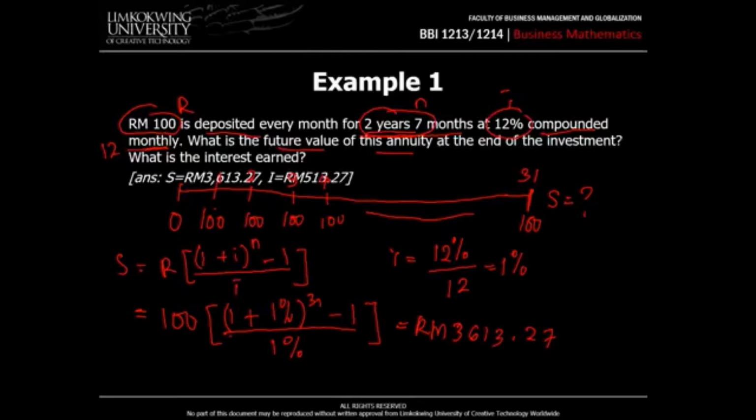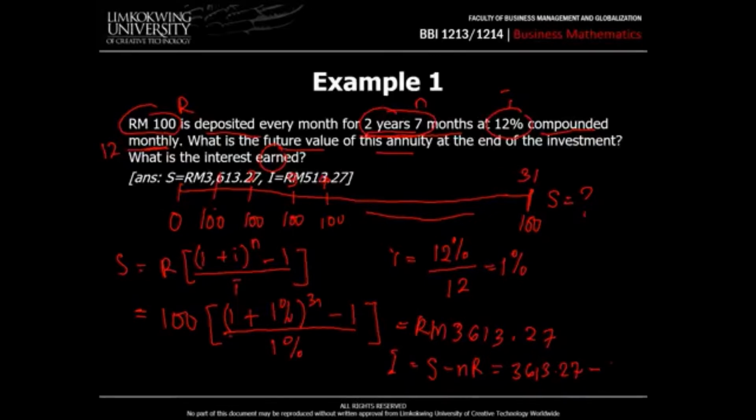And then the interest earned, the formula is I equals S minus NR. S is 3613.27 minus NR.